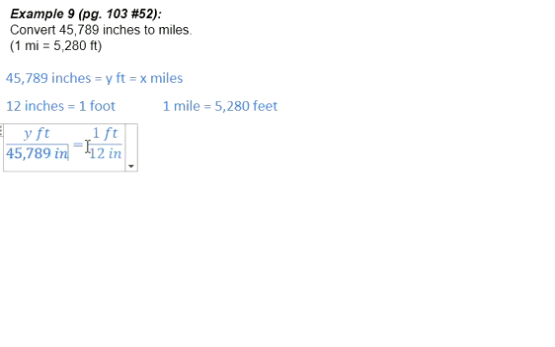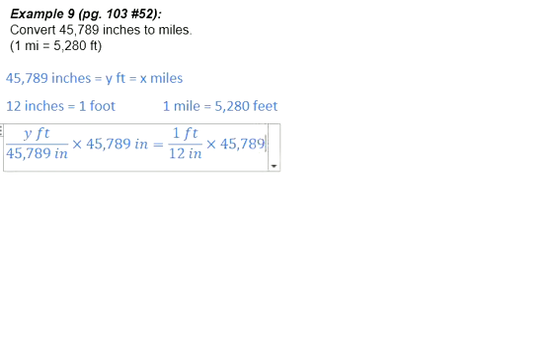Now, just as before, I'm going to multiply both sides by my denominator here, 45,789 inches on both sides. So my 45,789 inches are going to cancel over here, and just my inches on this side.